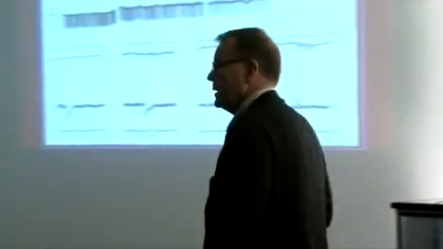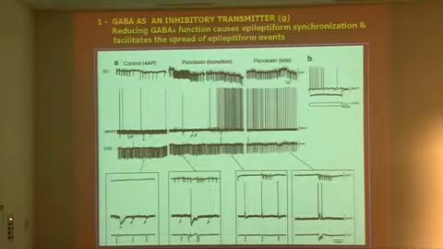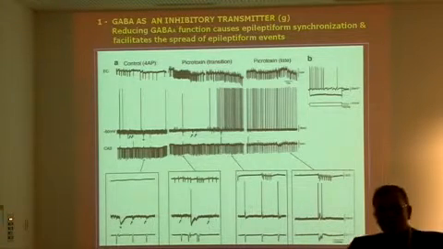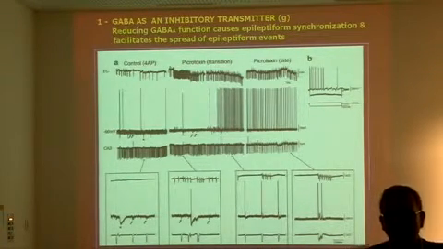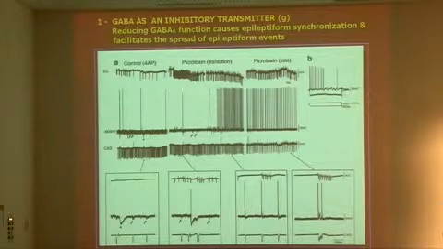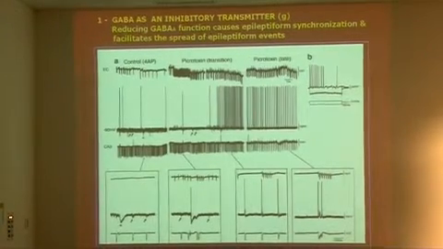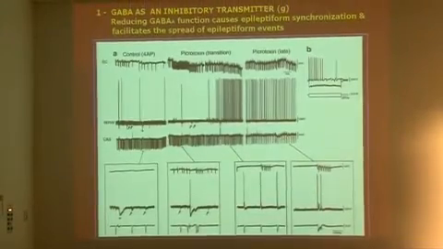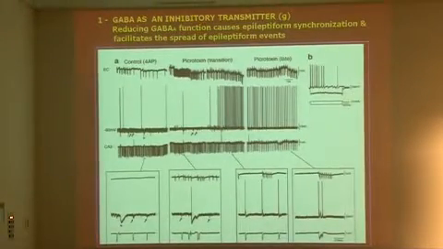So this suggests that somehow the subiculum, which is between the CA1 and the entorhinal cortex, exerts a powerful inhibitory effect, or exerts a gating role, that is due to GABA receptor activity.